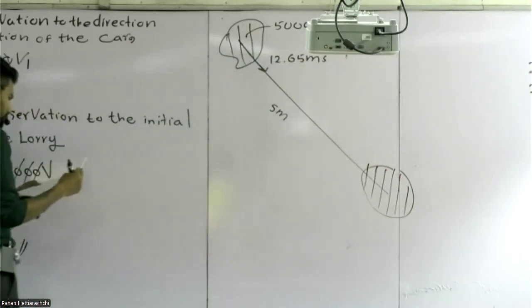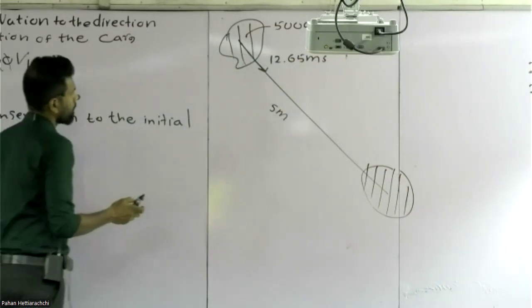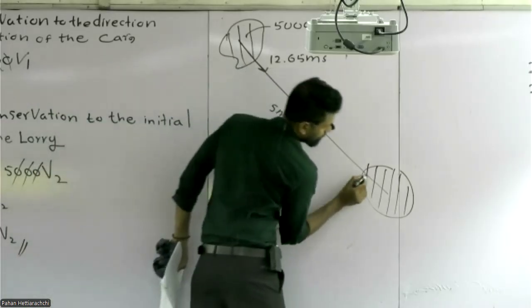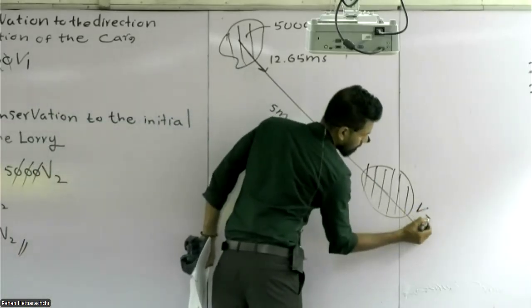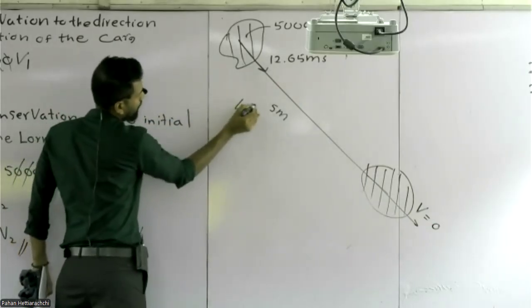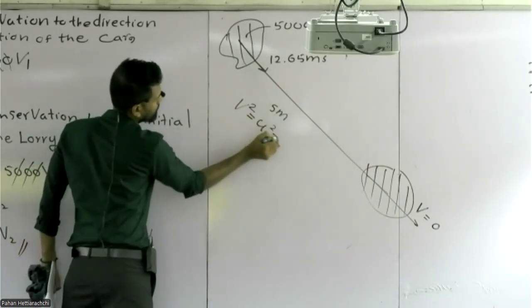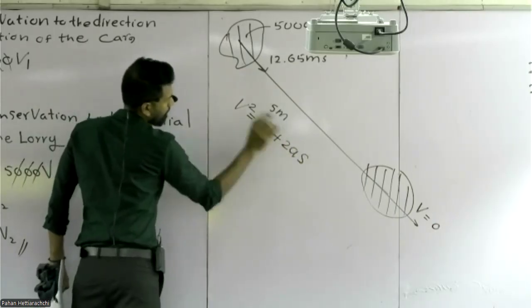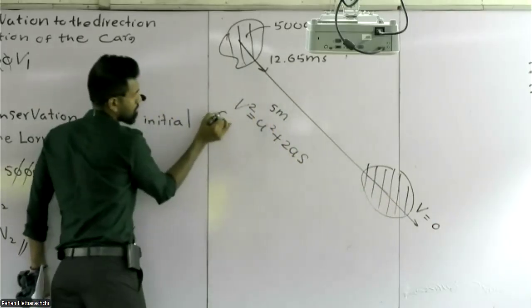If so, coming to rest means the final velocity is 0. Through this path, I'm going to apply v squared equals u squared plus 2as. Finally, it will come to rest.